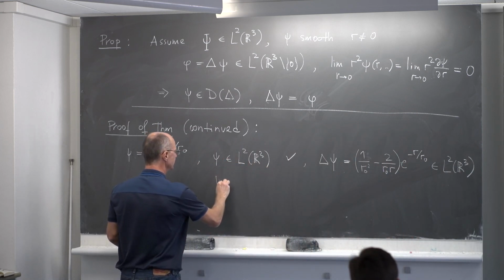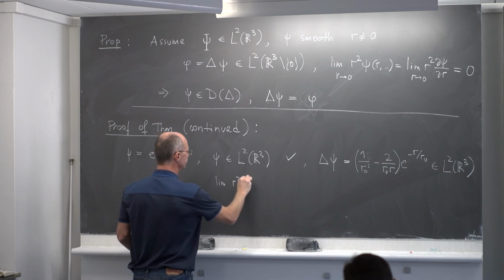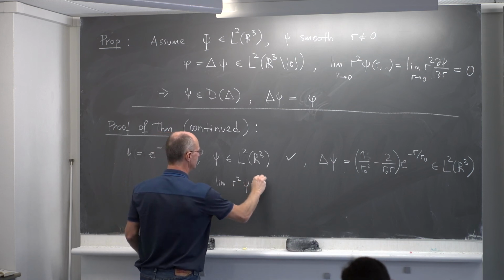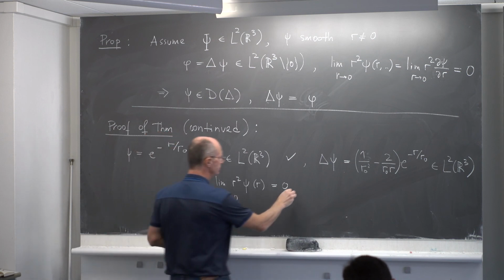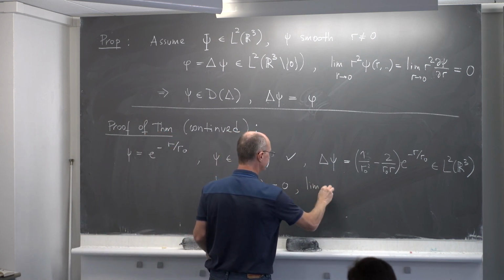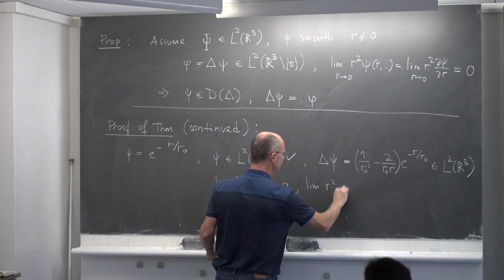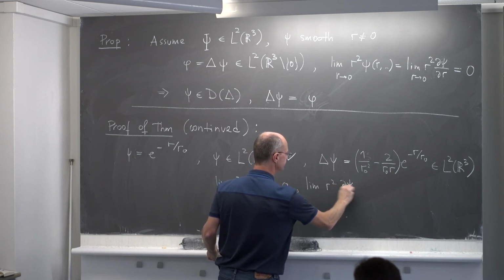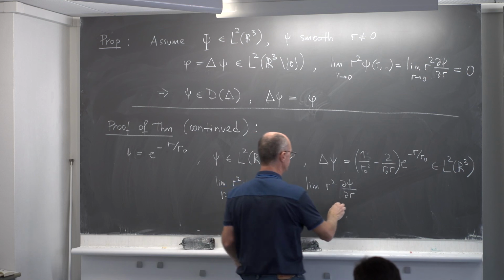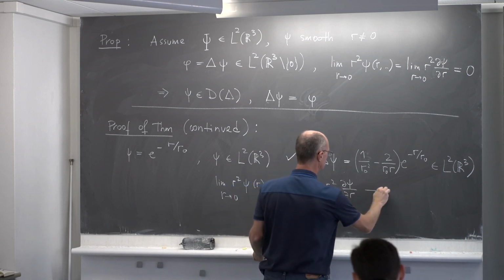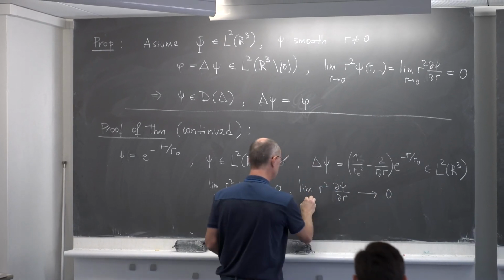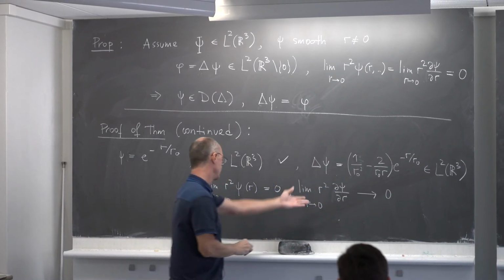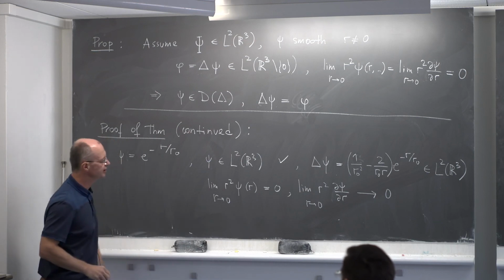Now the limit of r squared psi of r when r goes to 0 is equal to 0, that's obvious, and maybe more critically, the limit of d psi over dr is also equal to 0, because in both cases that's just the exponential.